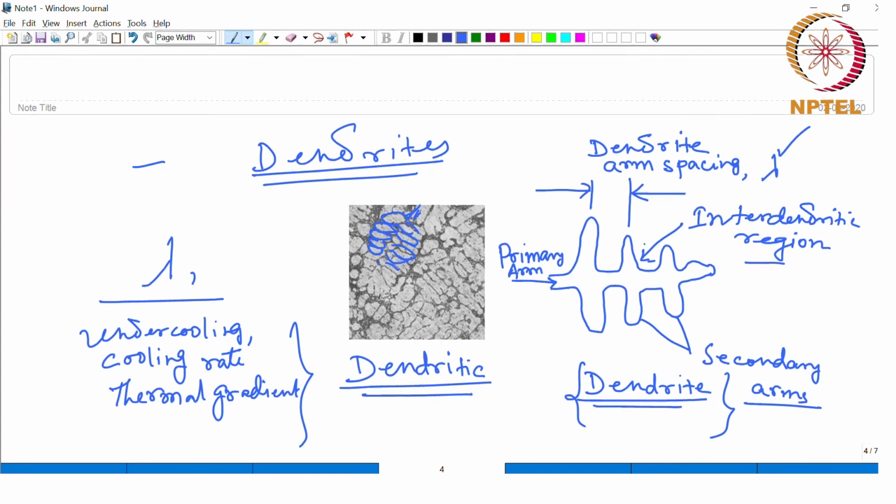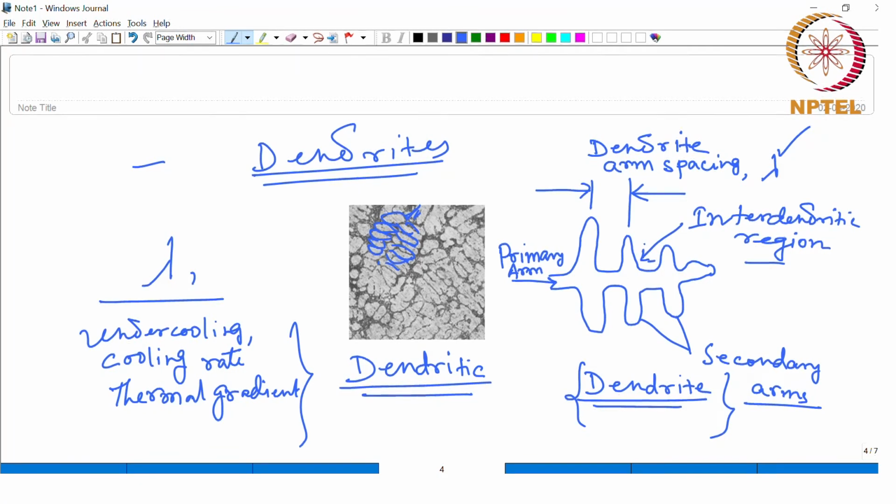Because what happens is, in the liquid, the solubility of any element, whether it is an alloying element or an impurity element, will always be higher in the liquid and lower in the solid. Okay.